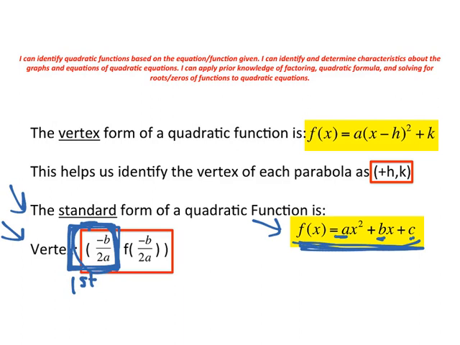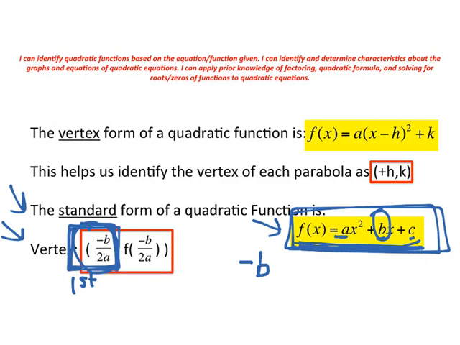Okay. And the way that I do that is by looking at the equation in standard form and saying, what is B? Write it down, and then negate it, meaning whatever it is, make it the opposite. So if it is a positive number, I'm going to make it negative times that number.